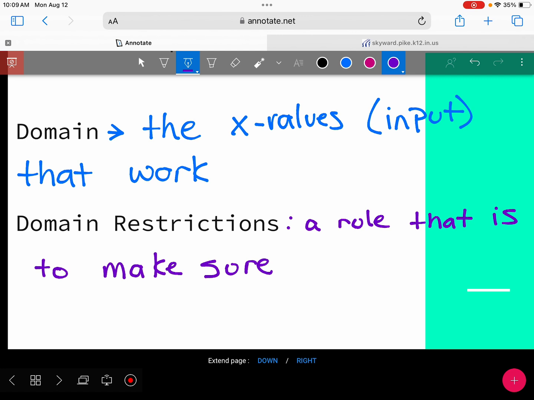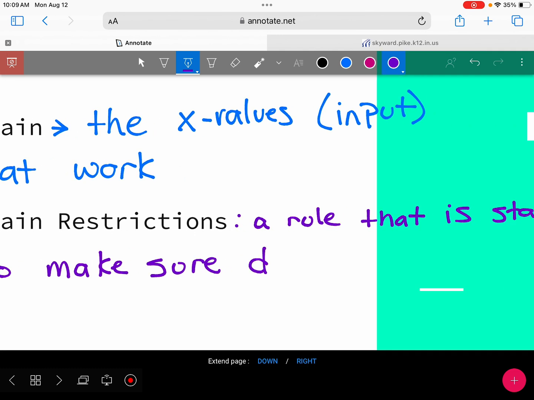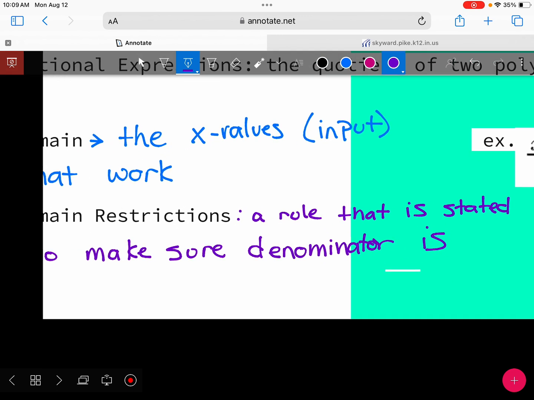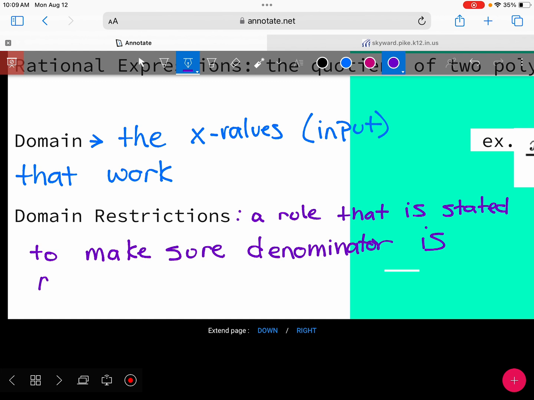So there's a limitation on what x's I can substitute in because I can never have a denominator of 0. We can't divide by 0. So we need to make sure our denominator is never 0. Because that gives us a problem.